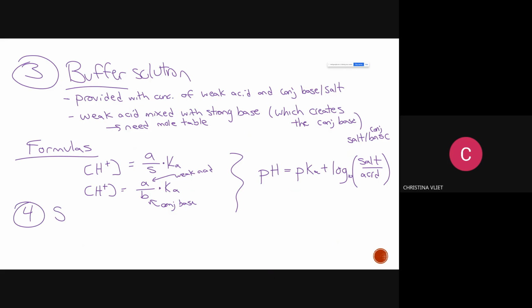So this is solubility product, which at its bare essence is Ksp equals products. That's why it's called solubility product. And what you're supposed to do is when you make your equation, so let's say that you had Ca(OH)2, which does show up as a solid, you would get this.